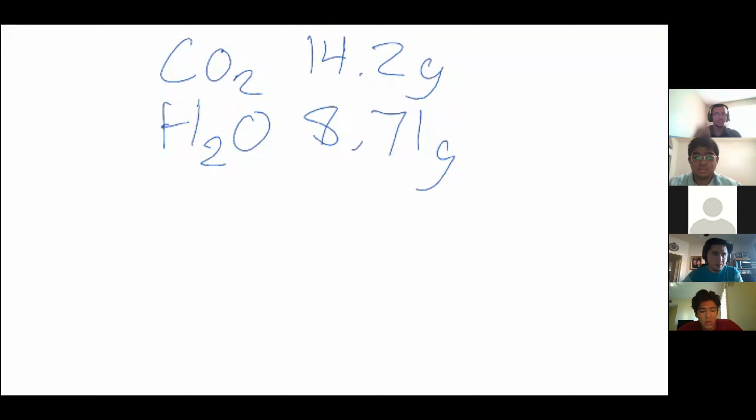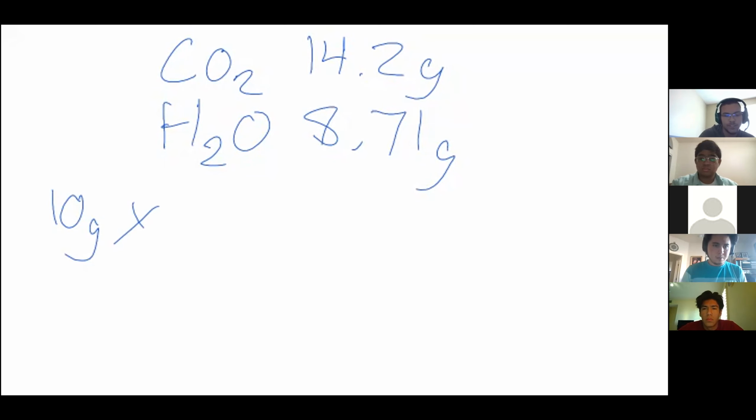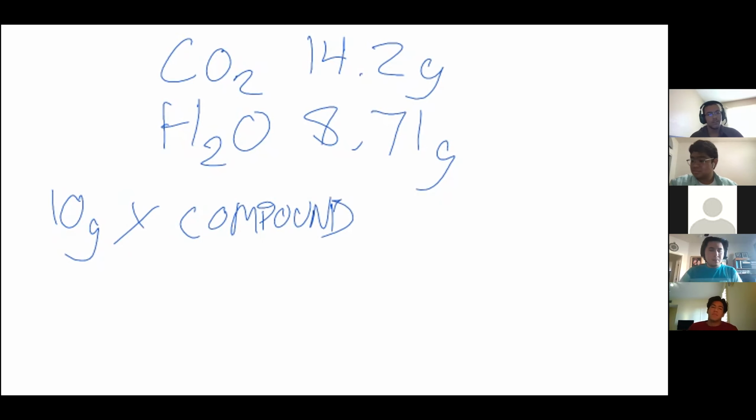All right, so we're going to start with this question first. To find the percent composition, we'll start with what's given to us, which is the 14.2 grams of carbon dioxide, the 8.71 grams of water, and the 10 grams of this given compound, which, because I'm a math nerd, I usually call compound X. I'm trying to think of the proper way to tackle this.